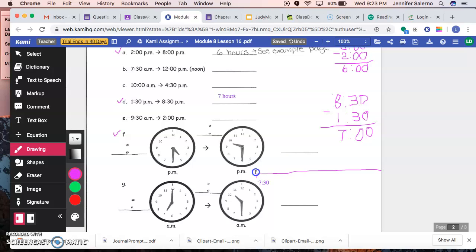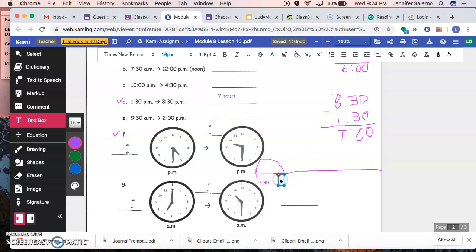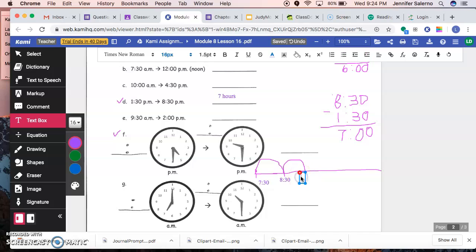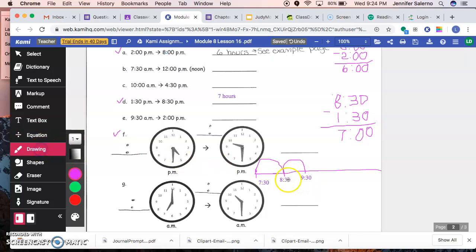Now I'm going to count by hours, and I'm going to count up until I get to 12 o'clock, okay? So 7:30, I'm going to make one loop. This is going to bring me now to 8:30. Now I'm going to make another loop. You can see that I'm just adding 1 hour as I go until I get to the 12.